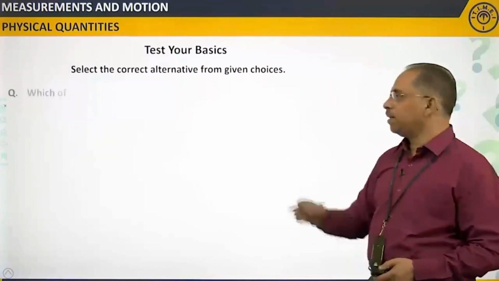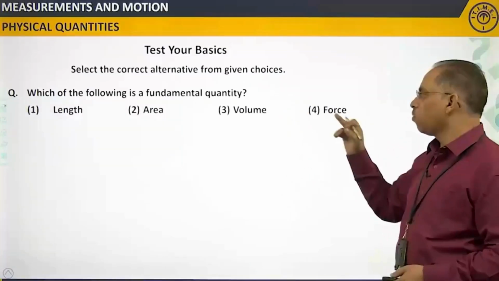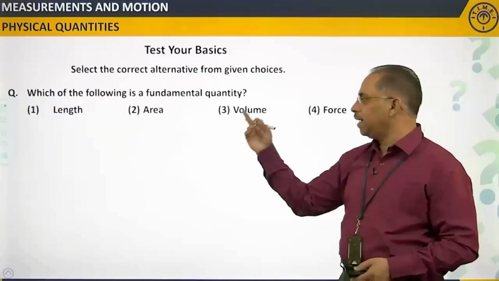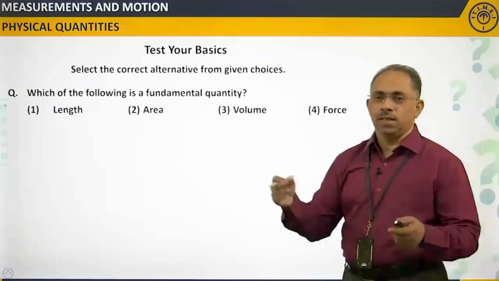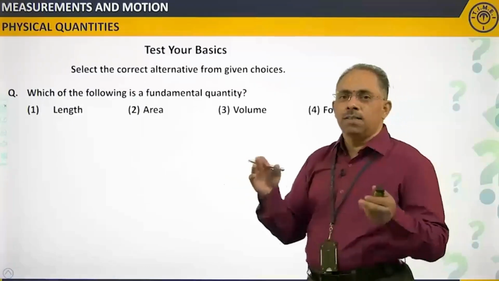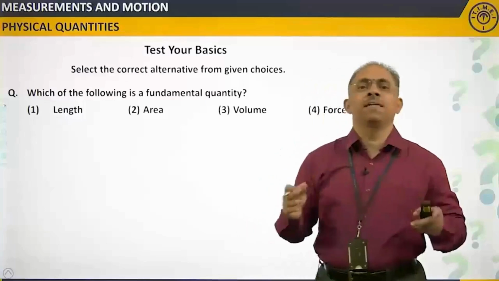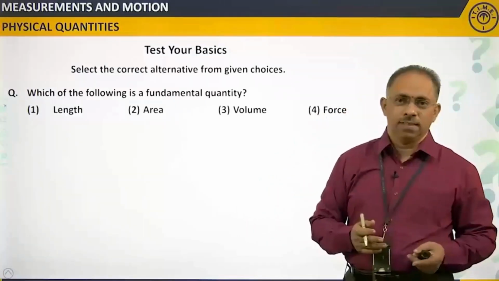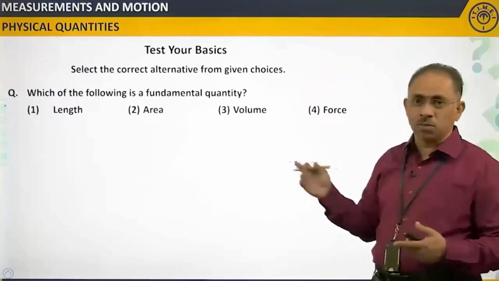First question. Which of the following is a fundamental quantity? Length, area, volume, force. If you recollect all the 7 fundamental physical quantities in the SI system, it's not so tough to answer this question, right?